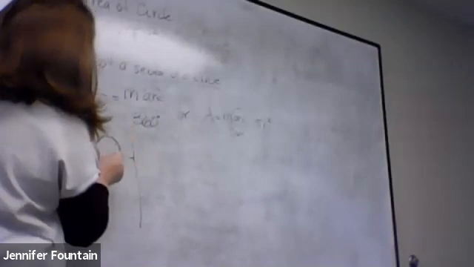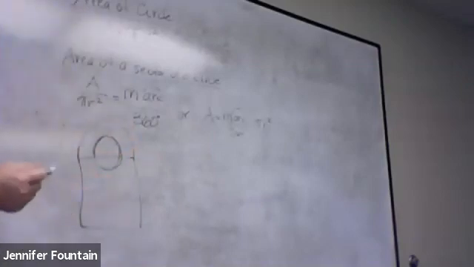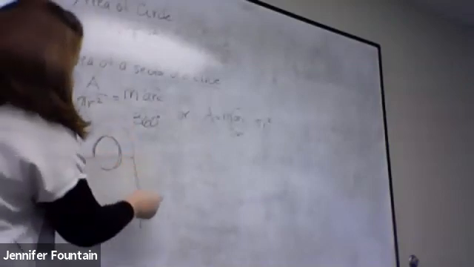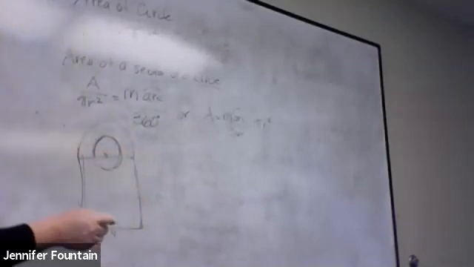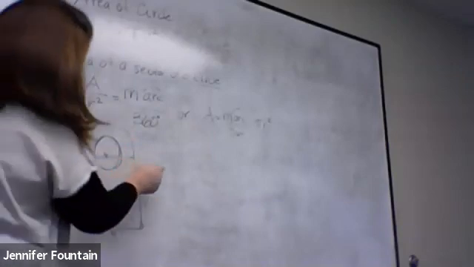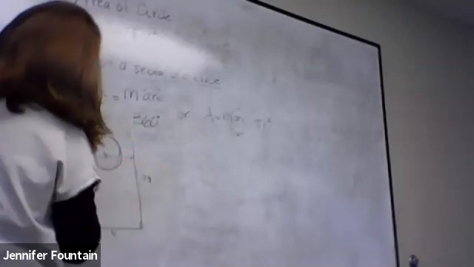I can see this is a rectangle on the outside, and it tells me that this is 4, so this is 4. This is going to be 5.5 inches. Okay, so I can see that part.